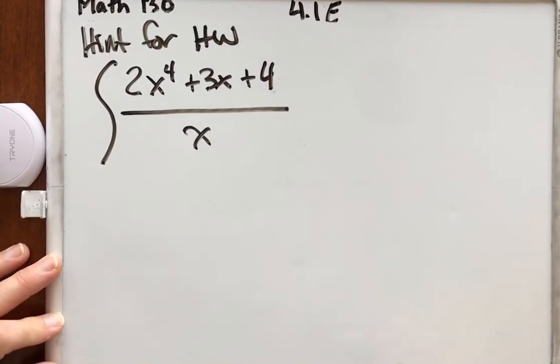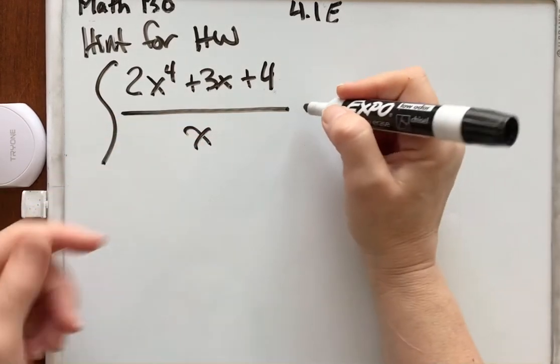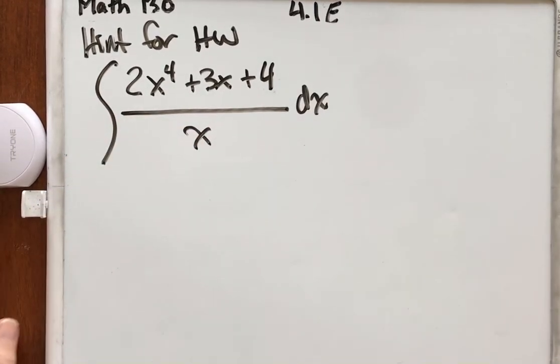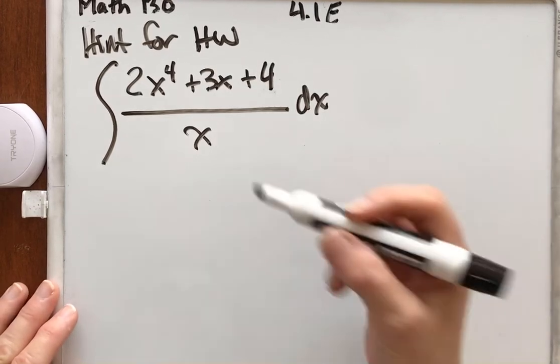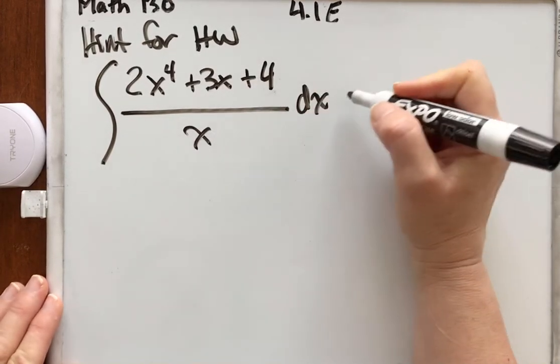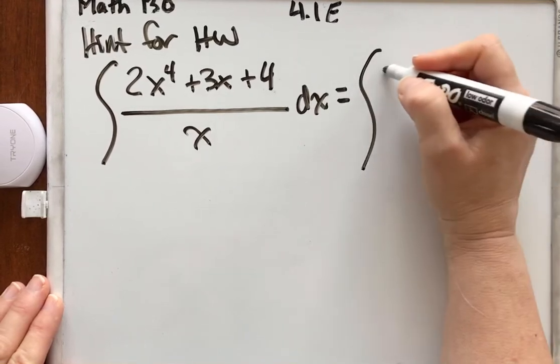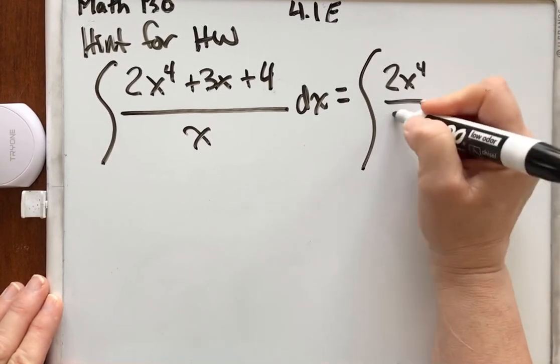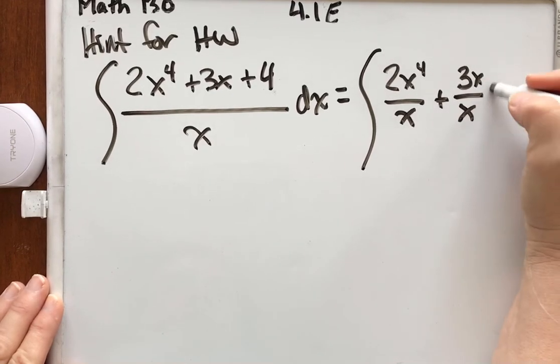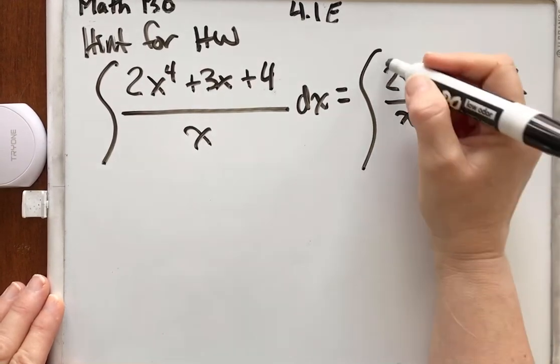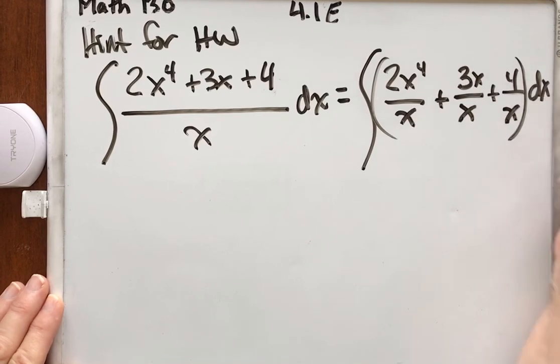Something like this. We can see we've got this fraction here, and we're going, wait a minute, how do we deal with that? Well, the best way to deal with that is we're going to change this to 2x to the 4th over x plus 3x over x plus 4 over x, all of that dx.